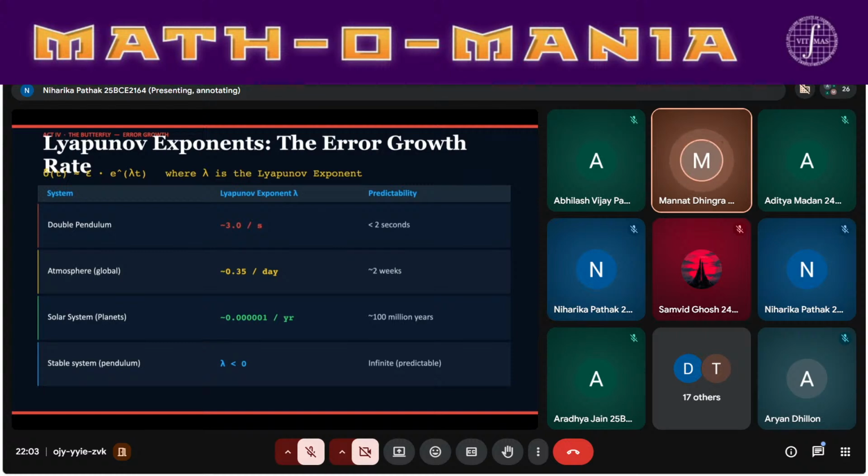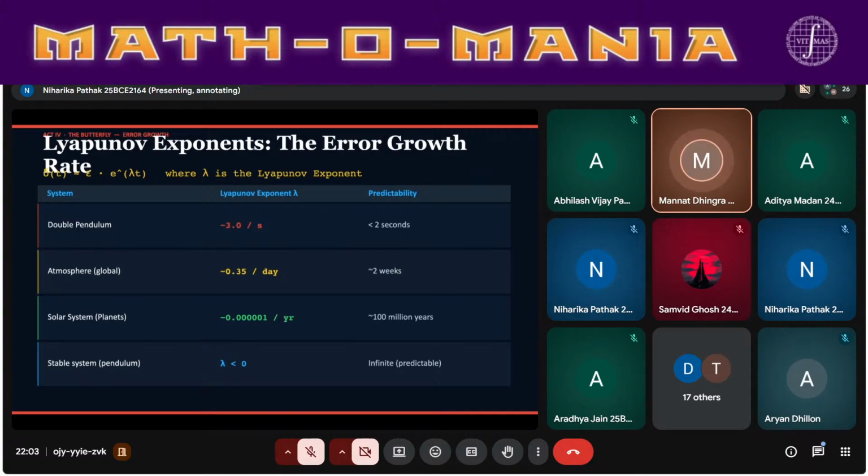Now let's consider the atmosphere, the second system, or global. In this case, the Lyapunov exponent lambda is close to 0.35 day inverse. If you see, this is day inverse, it's not second inverse anymore. So in this case, the predictability horizon increases, to close to 2 weeks.